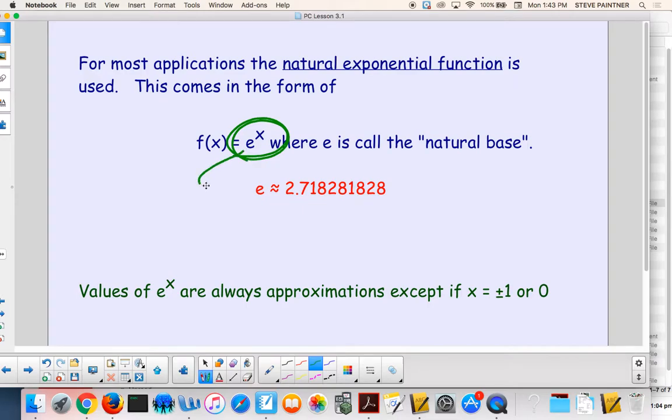This is a number. E stands for what number? That number. Just like pi stands for what? 3.14. And really that's what you guys know, but it goes on forever. Well, e is this number, and it's been programmed in your calculator.